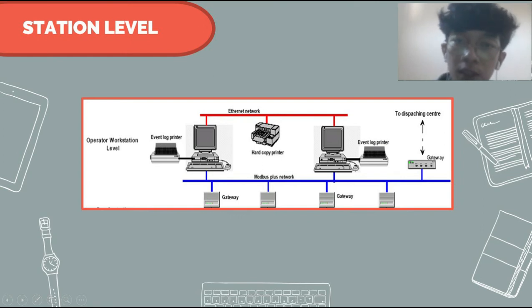If the RTU has something to report, the RTU will send a message back to the master station, and the data will be received and entered into the computer memory. If needed, the message will be printed on the printer in the master station and displayed on the monitor screen.